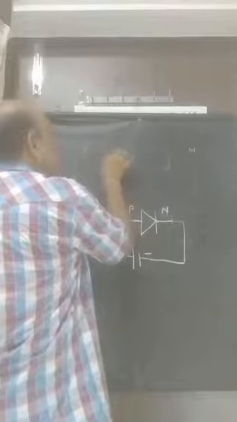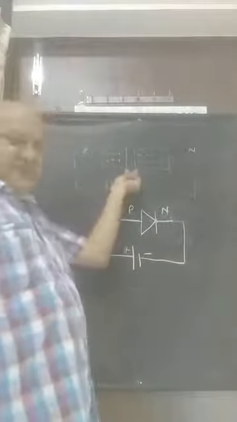So this is called forward bias. Here the majority charge carriers are the positively charged holes. Here the majority charge carriers are the negatively charged electrons, and this is the depletion width in between these two.